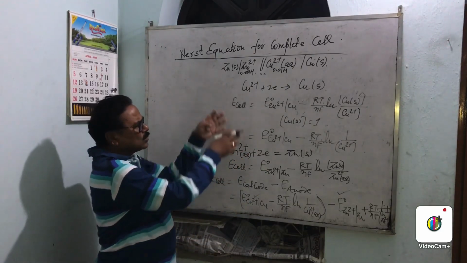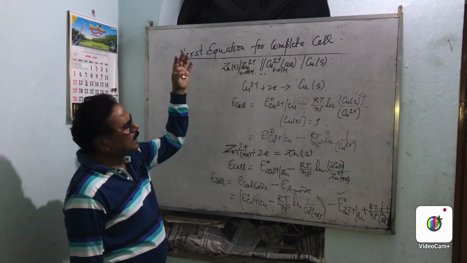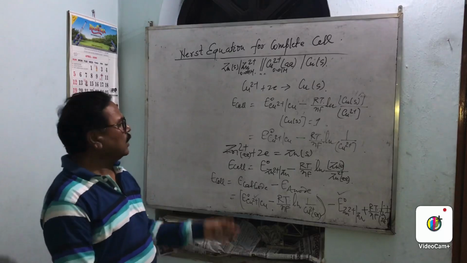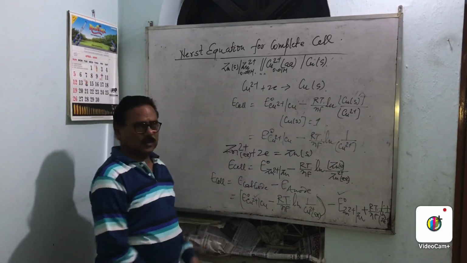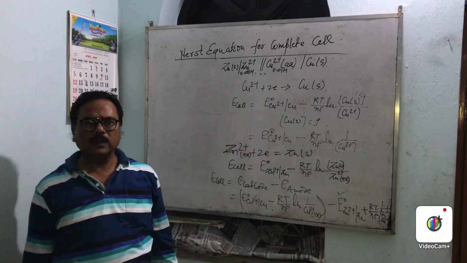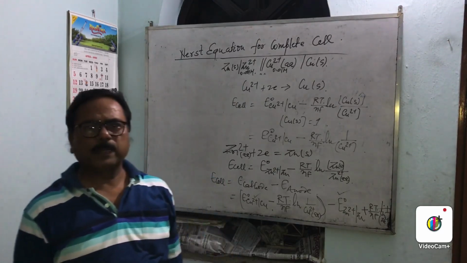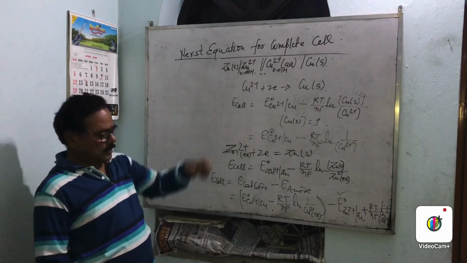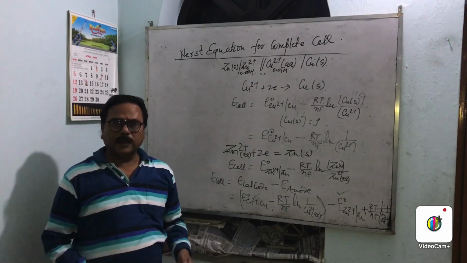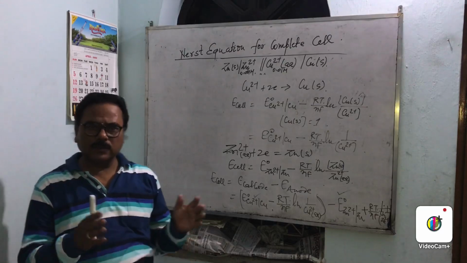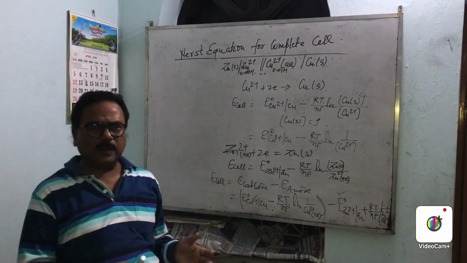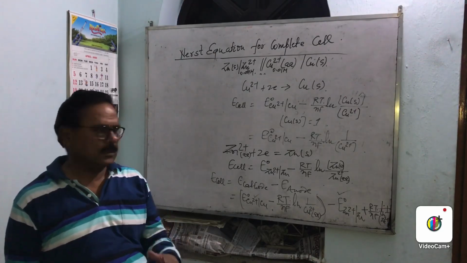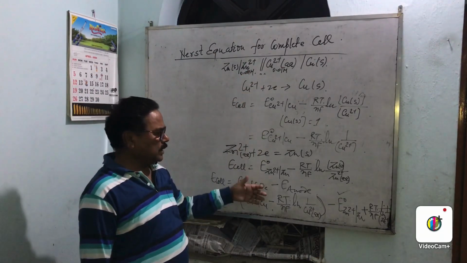So we need not write each half. Directly we write the equation and we can solve the problem based on the Nernst equation. This is a very important topic. Today I wanted to finish this topic, because the Nernst equation, how we write the half cells, how we represent the cell, how we calculate the E cell, and what is done in the book I have also dictated.